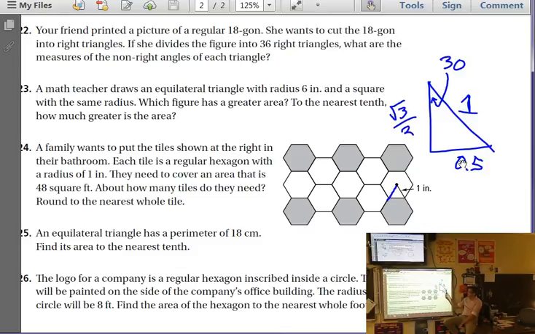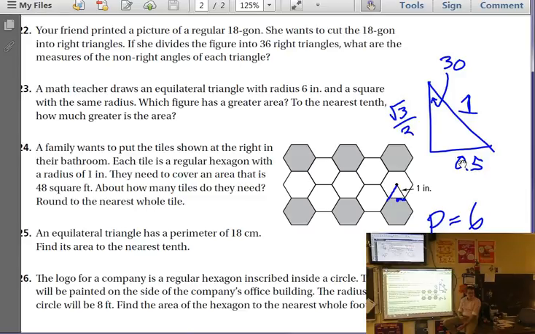This short edge of 1 really corresponds to half of one of the edges. So what would the entire edge there be? 1. So this is actually a really cool hexagon where its radius is the same as its edge length. So the perimeter here would be 6 because we have a hexagon.